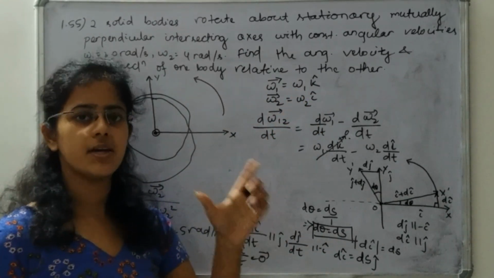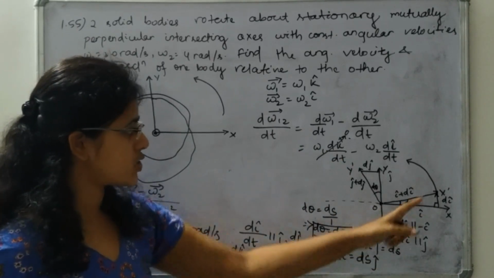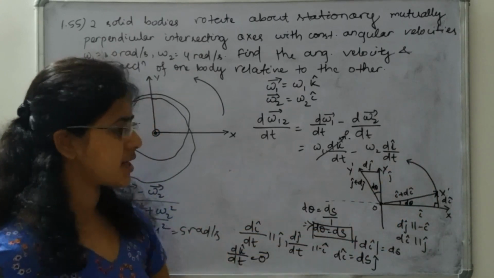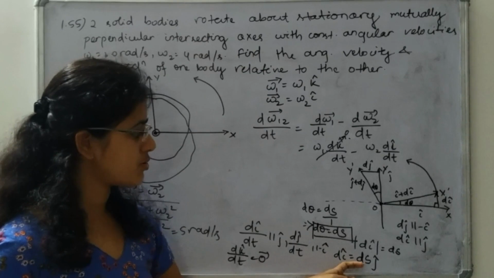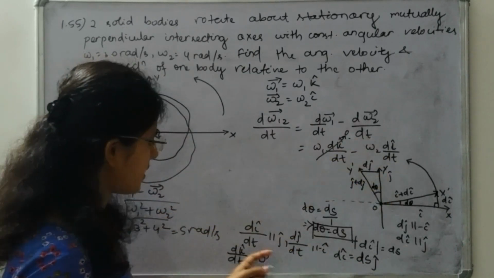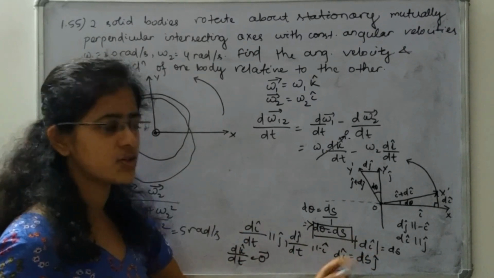Here the magnitude is ds and the direction is parallel to the j cap direction. So di cap is equal to ds into j cap, and di cap divided by dt is ds by dt into j cap.